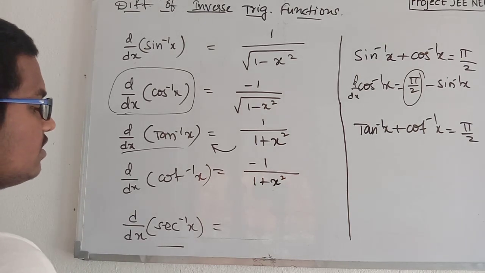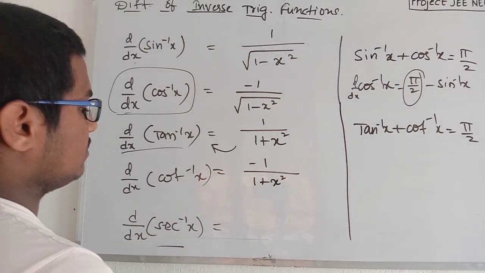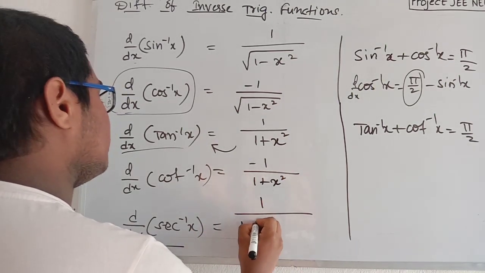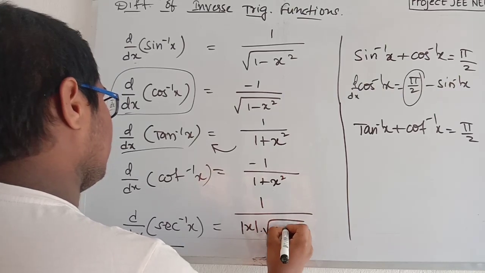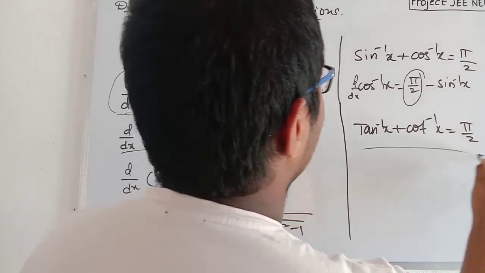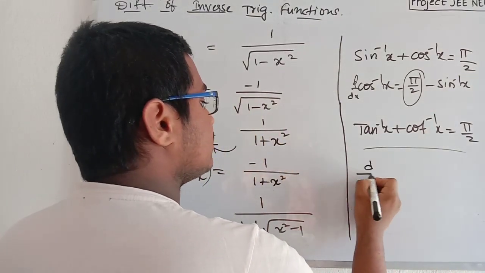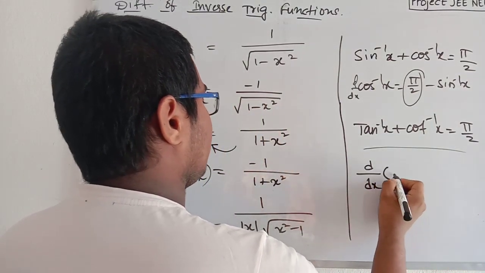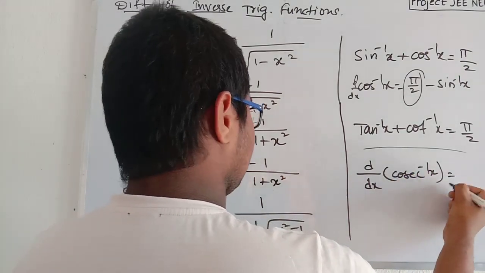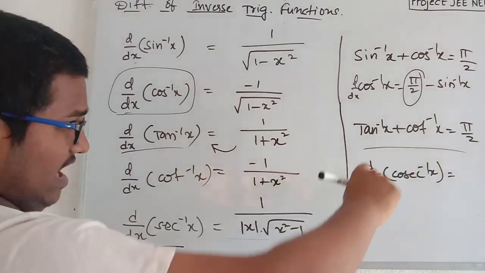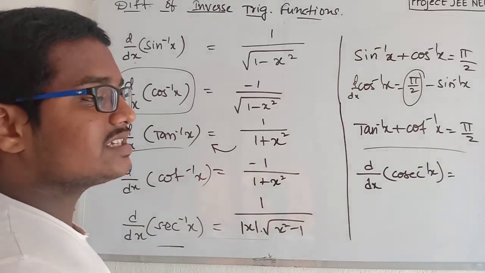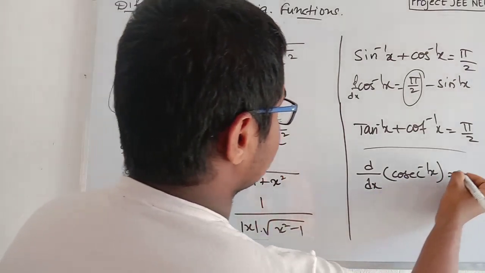So let's discuss d by dx of secant inverse x. Secant inverse x gives 1 by mod x into square root of x square minus 1. And the last formula, d by dx of cosecant inverse x, is equal to the negative of this, as per the chapter: secant inverse x plus cosecant inverse x is pi by 2.